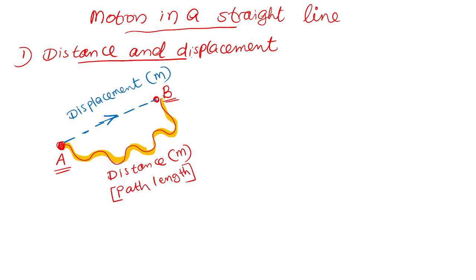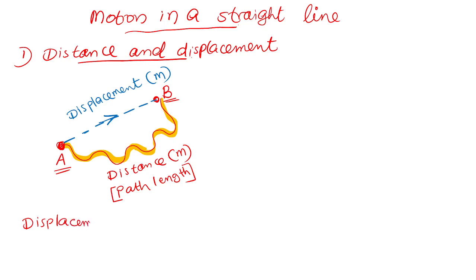And remember, when we talk about displacement, the direction should be specified. For example, 10 meter towards north direction, 20 meter towards east, 100 meter towards west, like that.